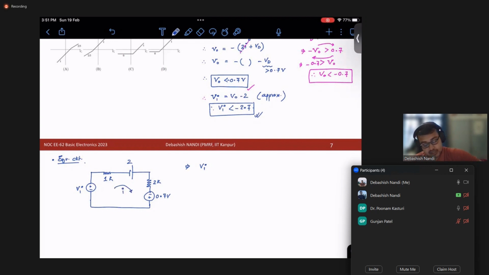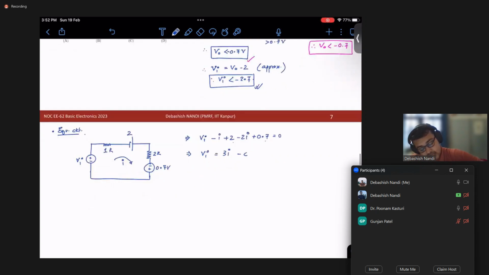Vi minus I plus 2, minus 2I, plus 0.7, right? So your Vi is nothing but 3I plus some constant. So what is your I?